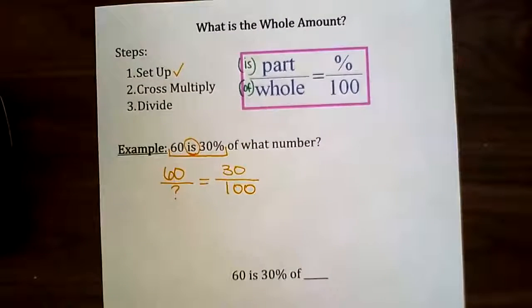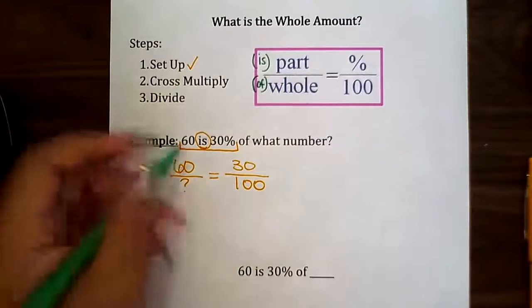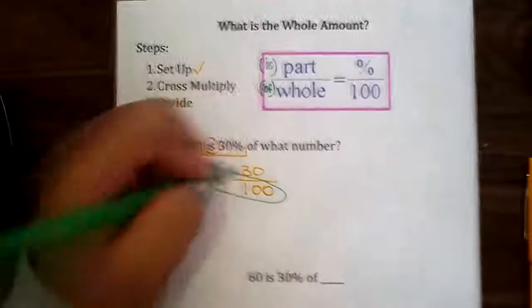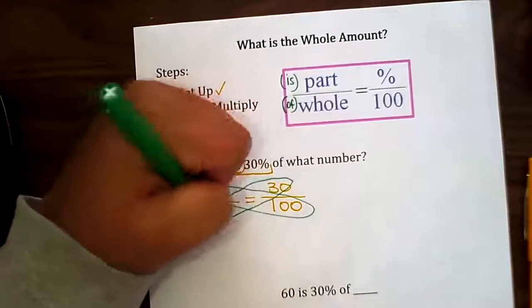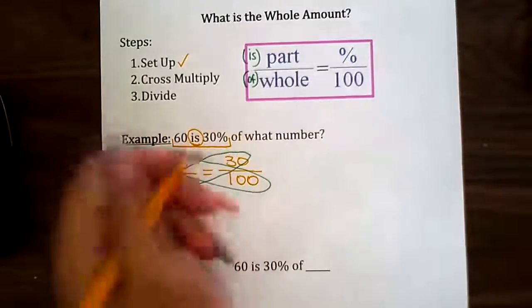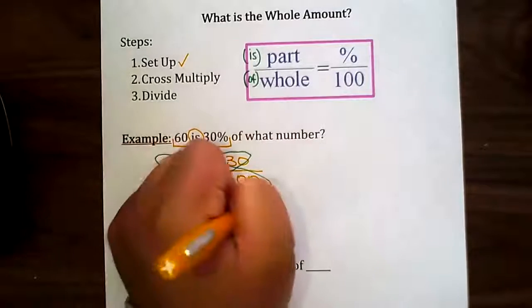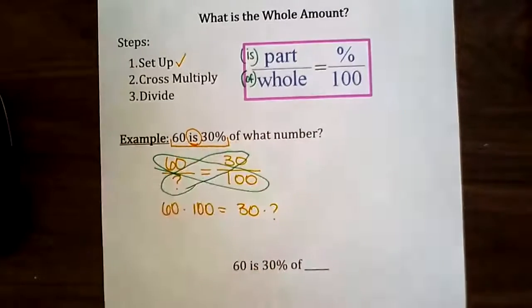Now we want to cross multiply, and we want to remember that we cross multiply on our diagonal using the butterfly method. I'm going to multiply 60 times 100 and 30 times my unknown. So we have 60 times 100 equals 30 times the unknown.